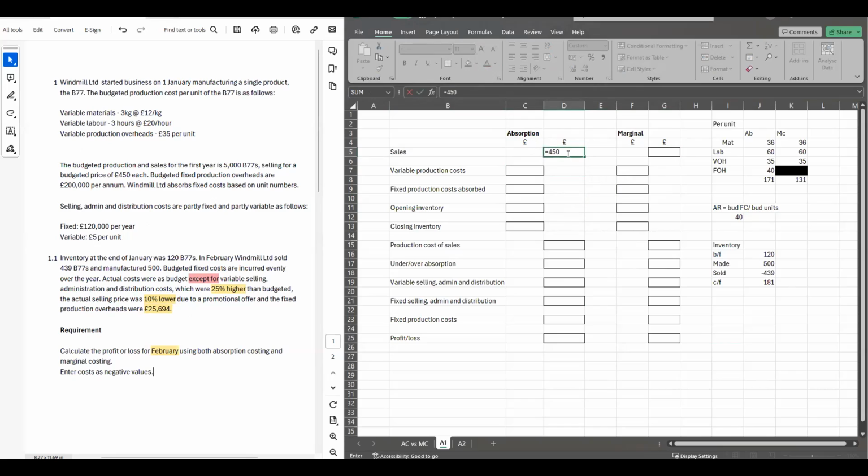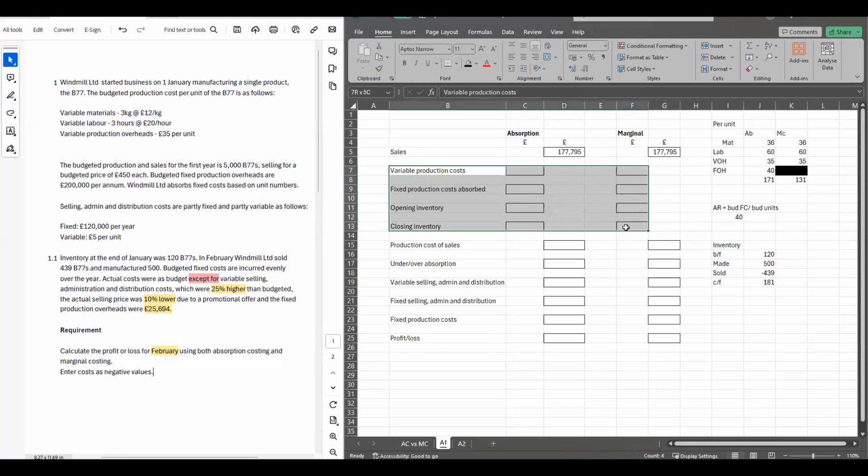I know that this was sold at a 10% discount, so I can multiply that by 90%, and then multiply it by the units sold, which was the 439. Like we said, that's going to be the same for both. Hopefully the sales would be a fairly straightforward box on exam day. Ultimately, it's not going to be worth that many marks, but it's important to get the easy marks. The crucial thing with the sales line is to pick up on what the original budgeted price was, and whether that has changed when you move into the actual month.